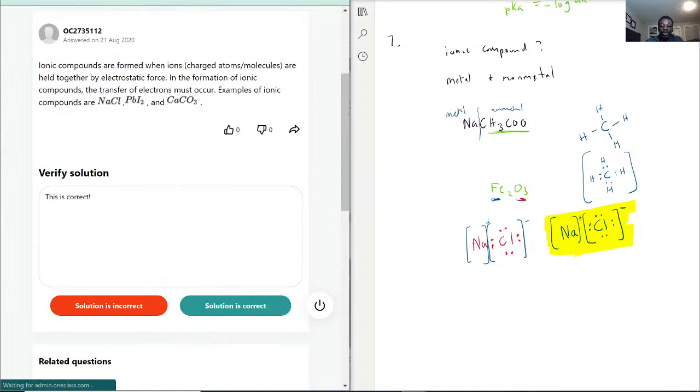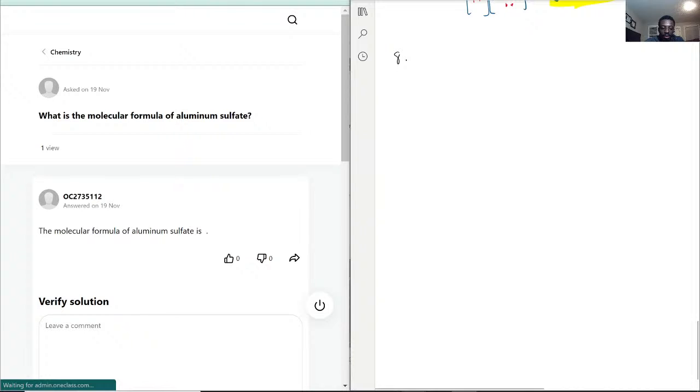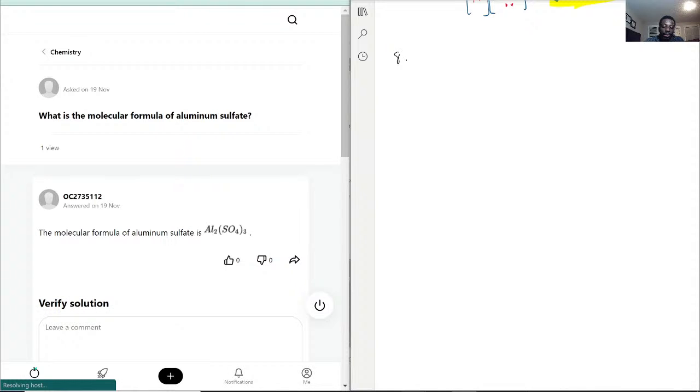So let's move on to question 8. What is the molecular formula of aluminum sulfate? That's definitely a great question here. So first we need to find out what aluminum sulfate is.